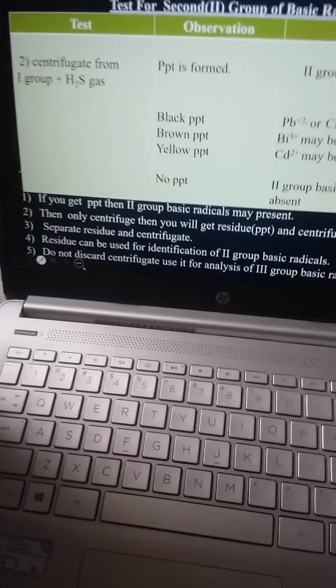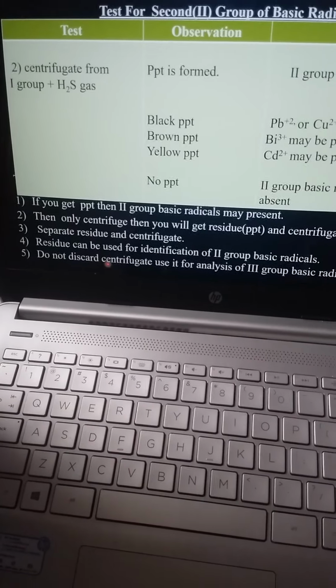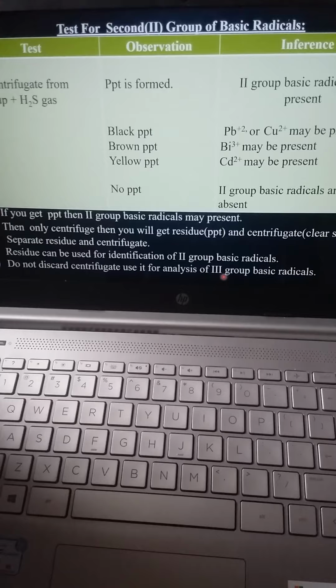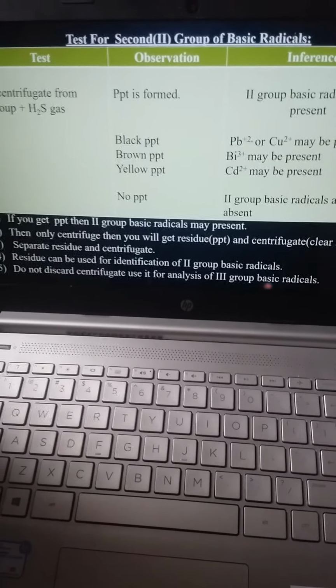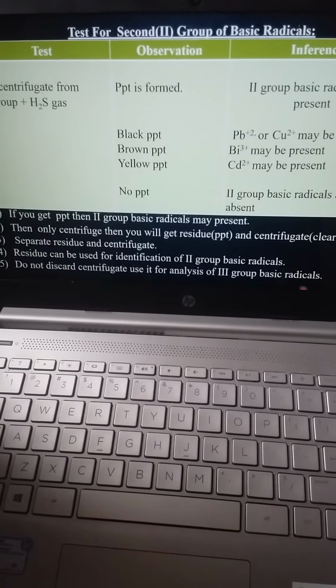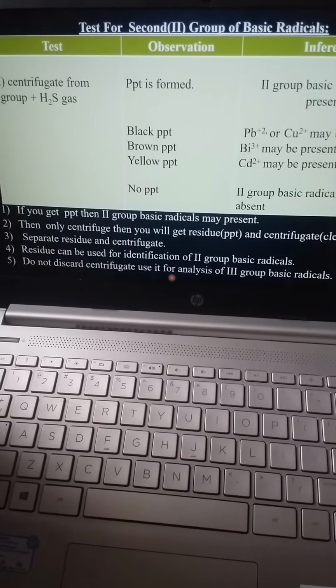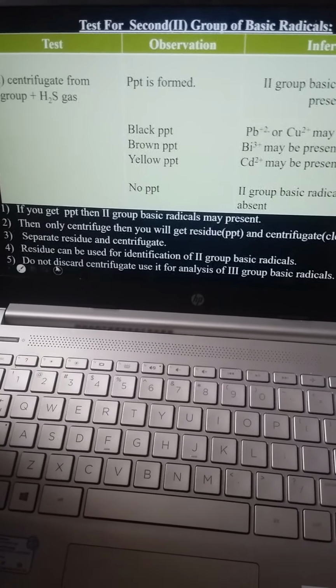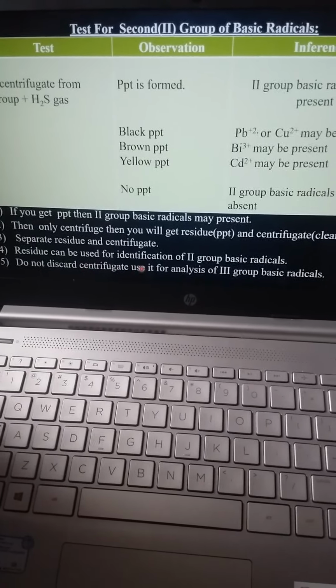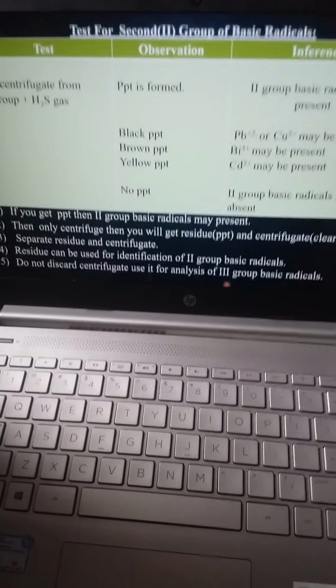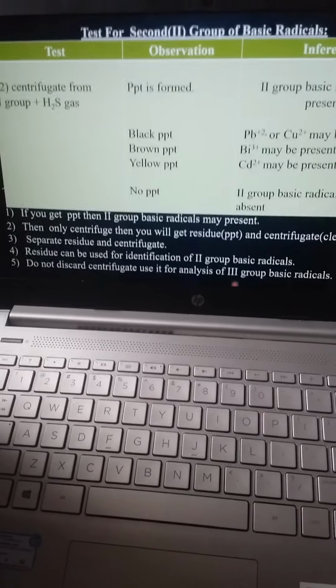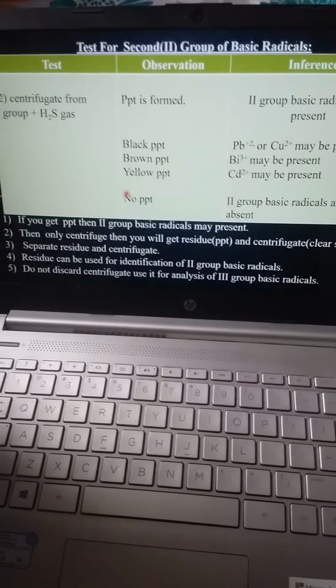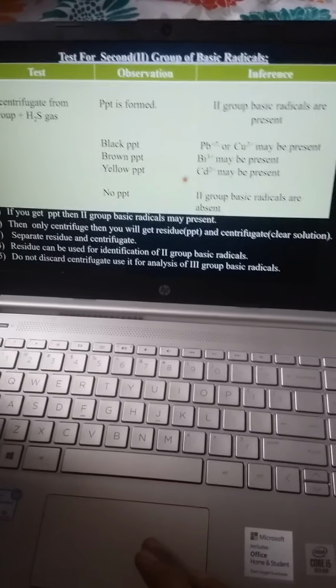The last thing is, do not discard the centrifugate. Use it for the analysis of third group basic radicals. This is very important. Once again I will repeat, do not discard the centrifugate. Use it for third group basic radicals. So this is all about the test for second group basic radicals.